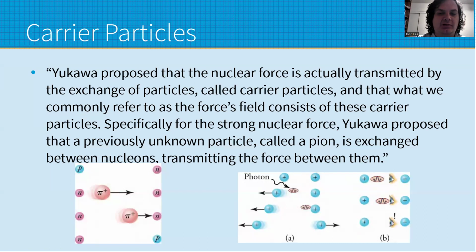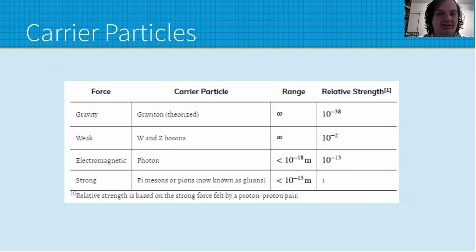A photon is the particle of light. So when a positive particle is near a positive particle, it releases a photon, and that photon causes the actual motion of the particles against each other.